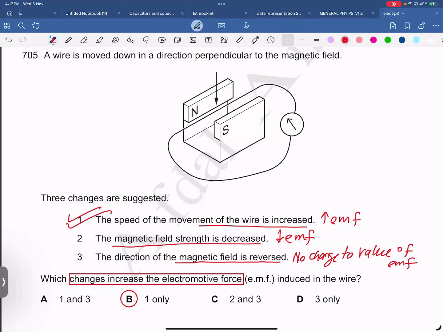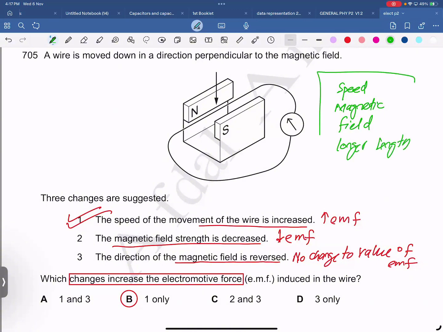We need more EMF. EMF can be increased by using faster speed, a stronger magnetic field, or a longer length in the magnetic field. They will all cause more induced EMF in this case.